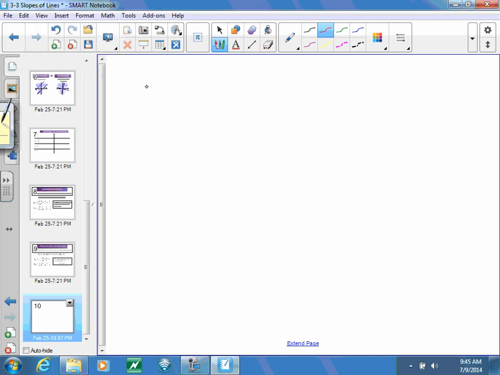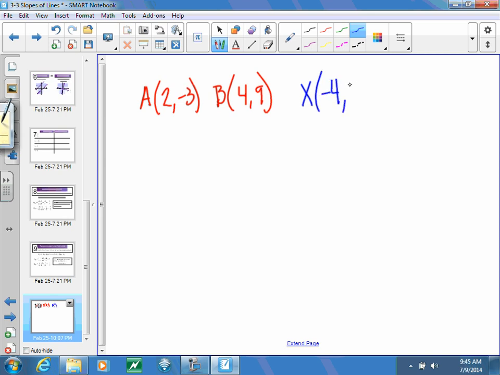So let's say that you have line AB, so we're going to give you the points of A at 2, -3, and B has the points of 4, 9. And what I'd like you to do is determine if the line AB is parallel, perpendicular, or possibly neither to the line XY, which is going to have the coordinates of X at -4, 7, and Y at 2, 1.